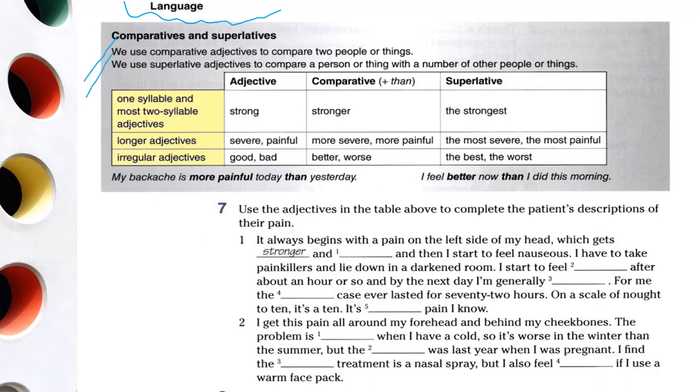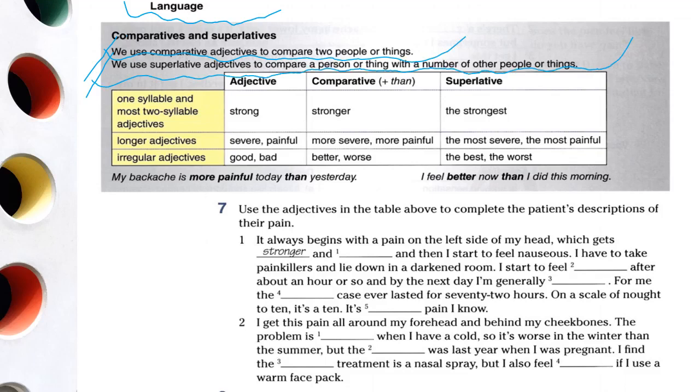The comparatives and superlatives are the second and the third degrees of adjectives. We use comparative adjectives to compare two people or things. We use superlative adjectives to compare a person or a thing with a number of other people or things.